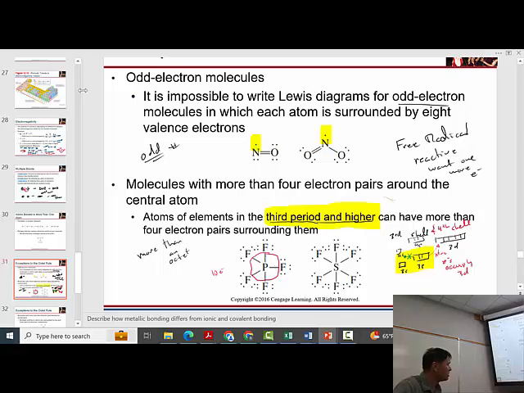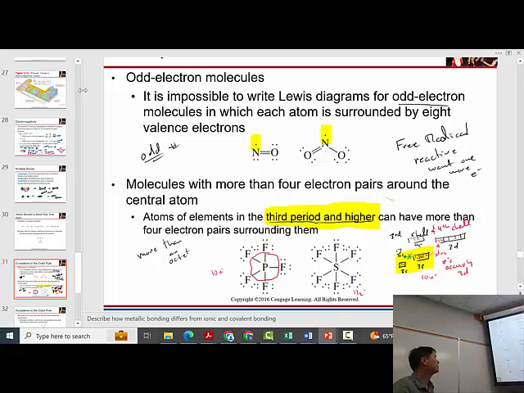So if there are 10 electrons, I need 8 to fill up my third shell. And then I need 2 more up here in the 3d. So this gives us 10 electrons here. Sulfur here, this has 2, 4, 6, 8, 10, 12 electrons. And so that means I'll need 2 more pairs of electrons in the 3d.